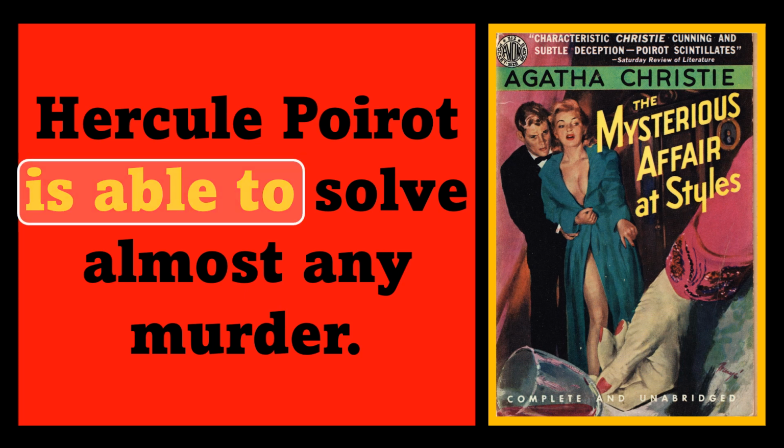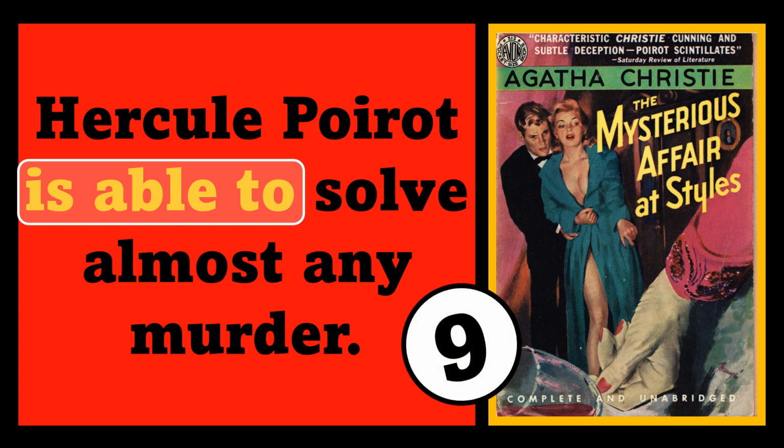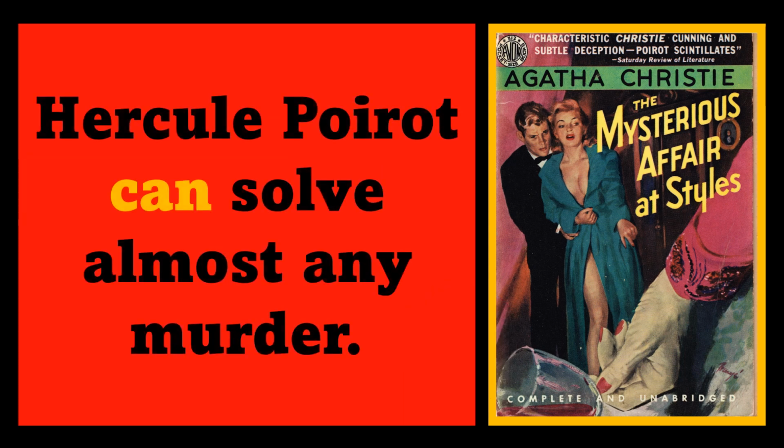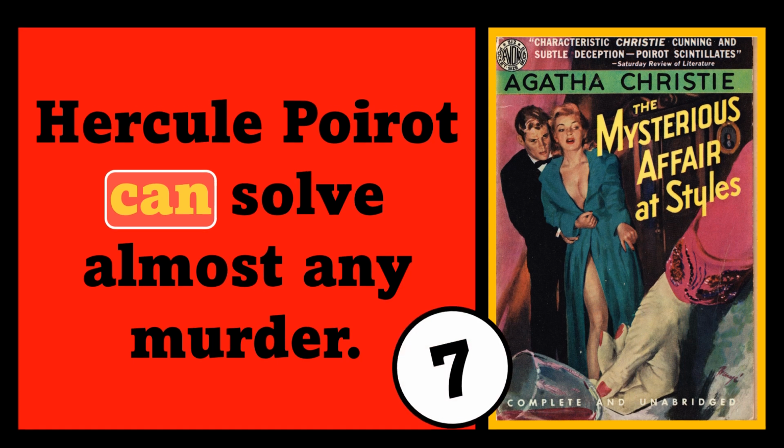Here we have the phrase is able to. We put this in a modal form and we're talking about having the ability to solve. But we can reduce this 9-word sentence by replacing is able to with can. Hercule Poirot can solve almost any murder. Here we use the verb can and reduces that word count to 7 words.